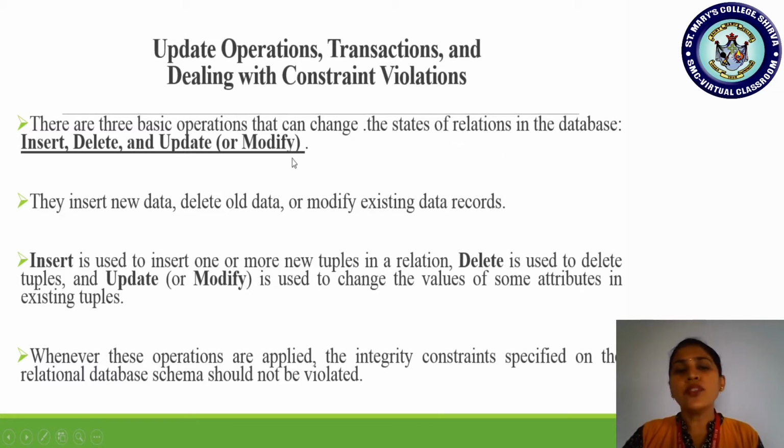So those three basic operations which change the state of a relation are insert, delete and update. If we are inserting a record, it is a change in the state of a relation. If you are deleting a record, it is a change in the state of a relation. And update or modify, you can use either term, even it is changing the state of a relation.